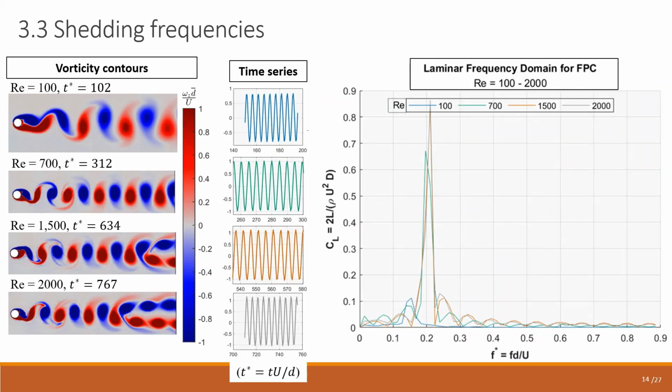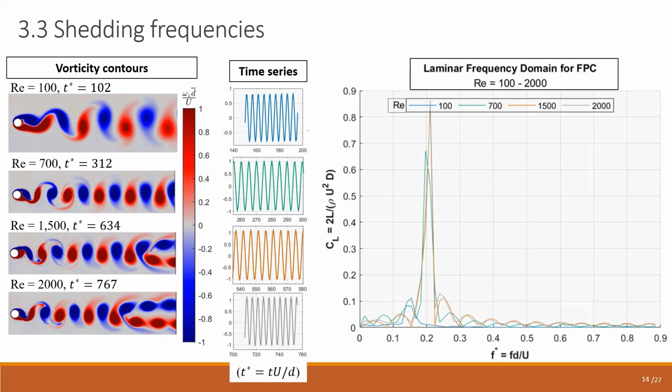After the sensitivity studies, the results of the simulations are shown here. On the left, we have the non-dimensional vorticity for Reynolds of 100, 700, 1500, and 2000. The Reynolds of 1500 and 2000 show similar shedding patterns. However, the Reynolds 2000 case is further in time and shows a more developed shedding pattern.